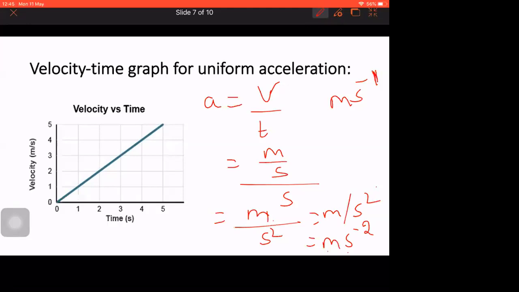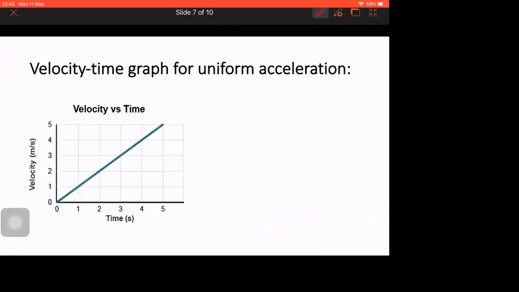Ma'am, in non-uniform acceleration, we will get different times or different velocities, right? Intervals will not change. Only the change in velocity will change. This time 1, 2, 3, 4, 5, these intervals will be the same. That will not change. The velocity will keep changing, meaning the difference in velocity will keep changing.